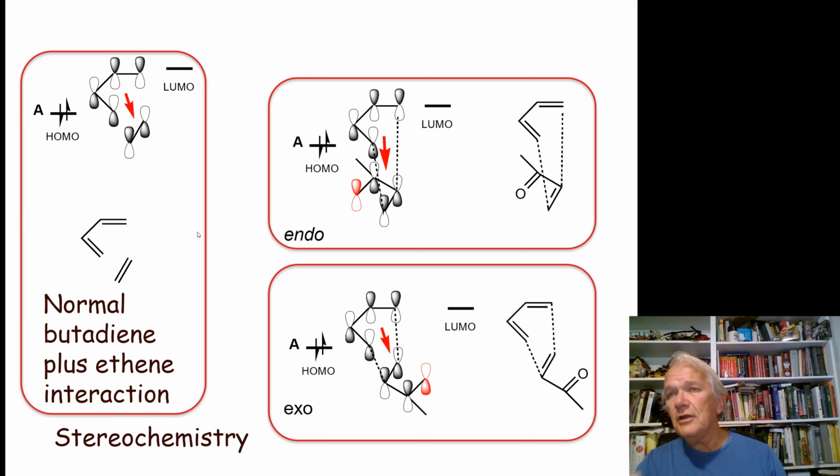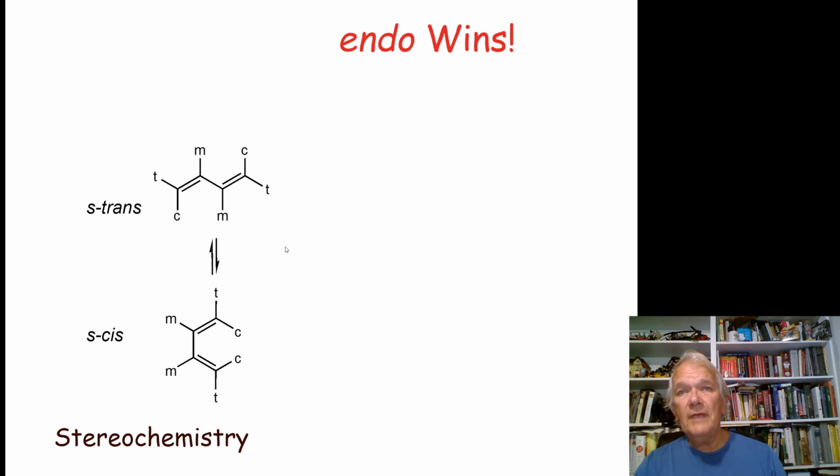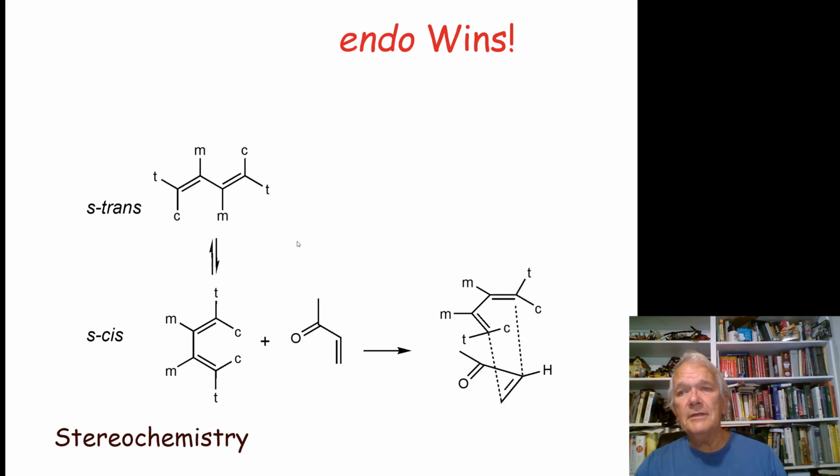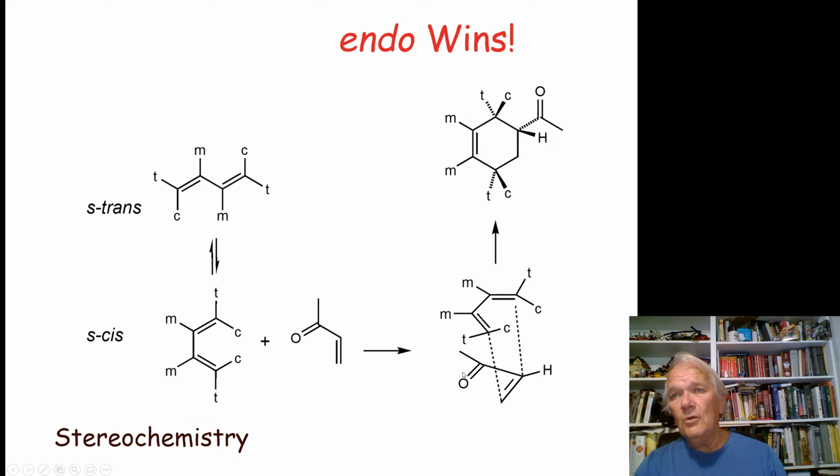It's essentially a kinetic argument. Kinetically, it's better to come underneath, and that turns out to be the governing factor, and you tend to get endo. Endo wins. Endo is favored. So when you work this out, here we're just setting up our interaction. It'll be with the carbonyl underneath, which will give us the cis carbonyl.